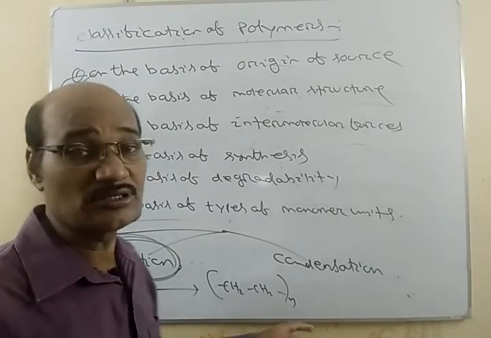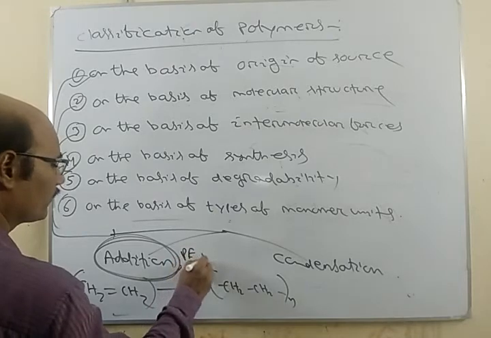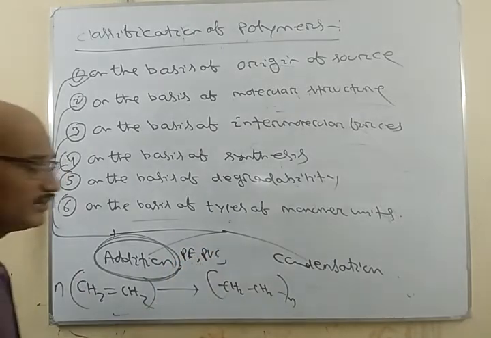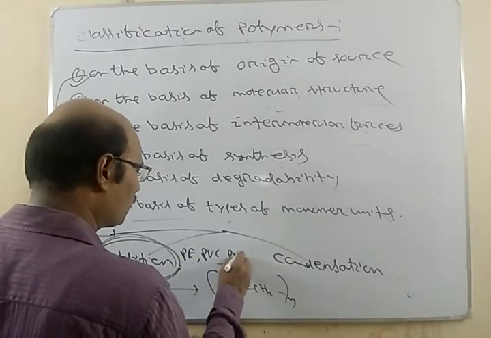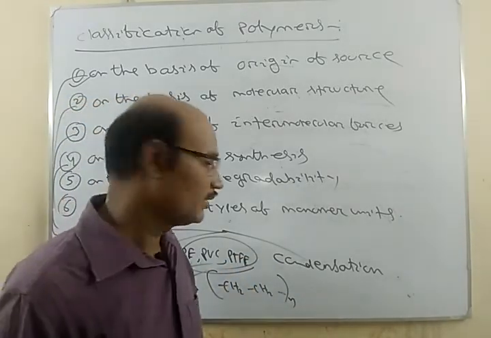Examples of addition polymers are polythene, polyvinyl chloride, polytetrafluoroethylene, etc. Okay.